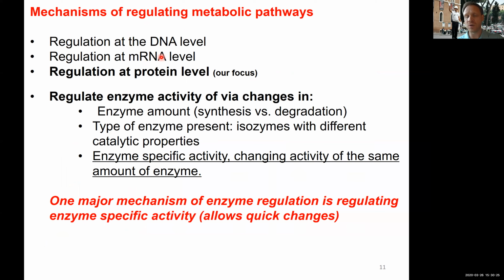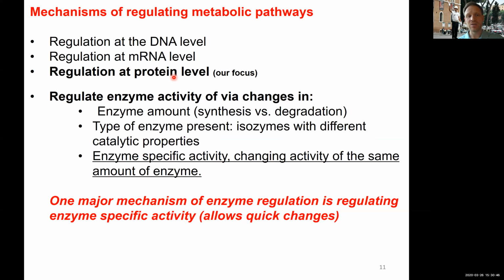Those we won't focus on here. They're covered in your physiology and cell biology and genetics classes. The other level here is the regulation at the protein level, and that's what we want to focus on in this lecture.